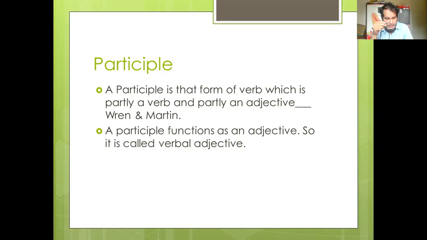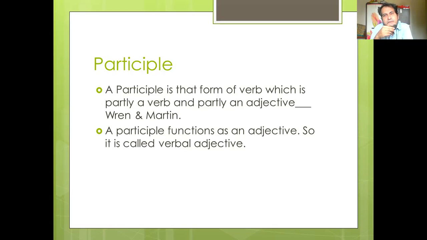Participle. It also has the verb plus ing form, but in function it works differently from gerund. A participle is that form of verb which is partly a verb and partly an adjective.